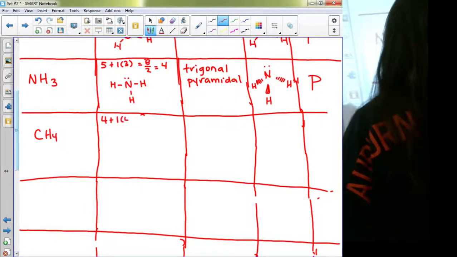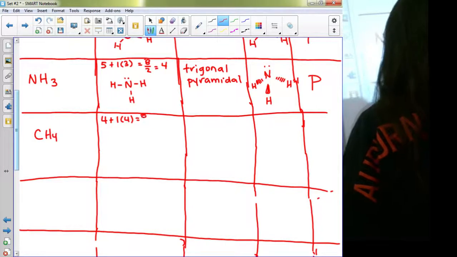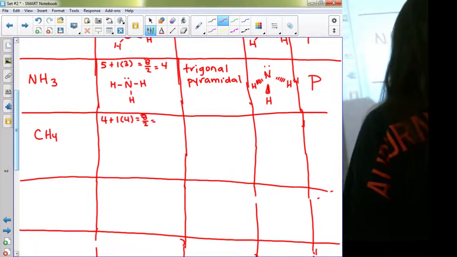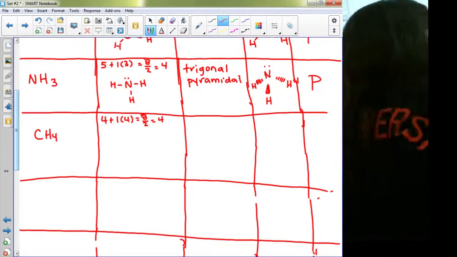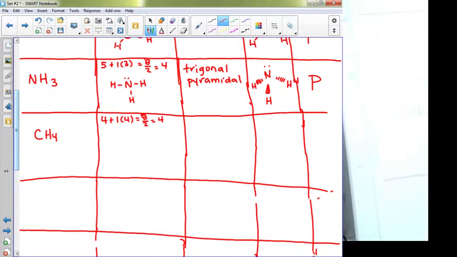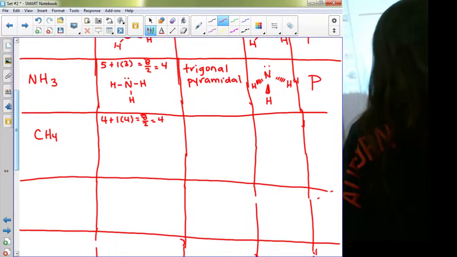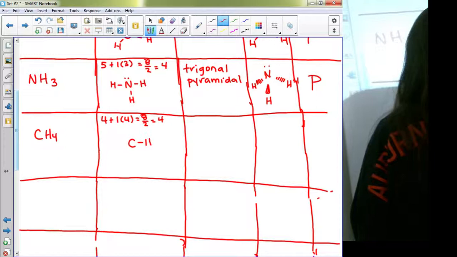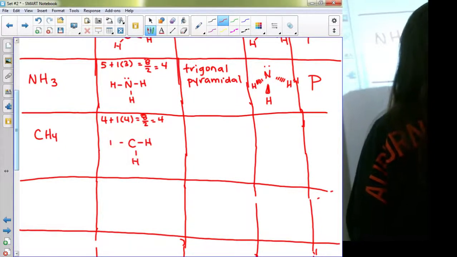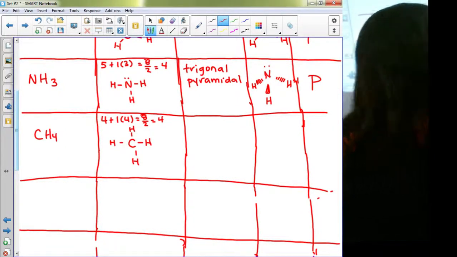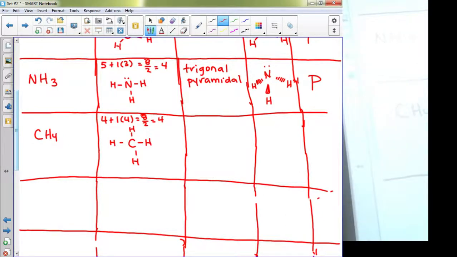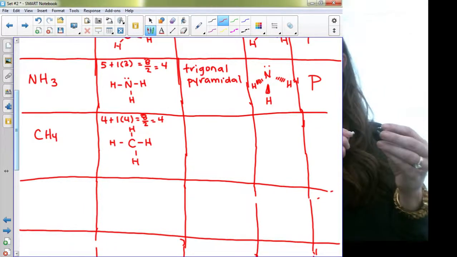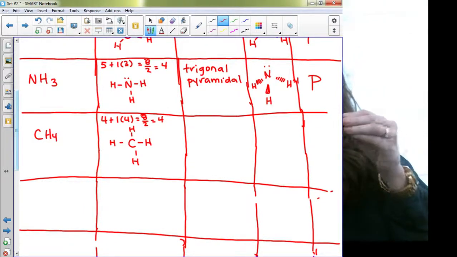Plus hydrogen has 1 times 4, so 4 plus 4 is 8 divided by 2 is 4. So I've got both carbon. So then I'm going to build it. So the black one.